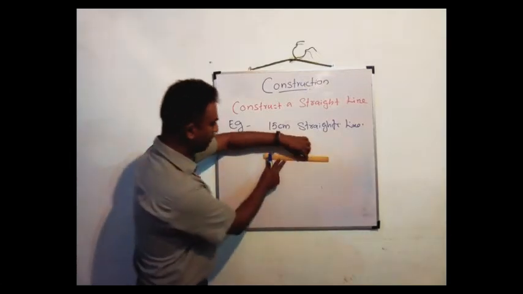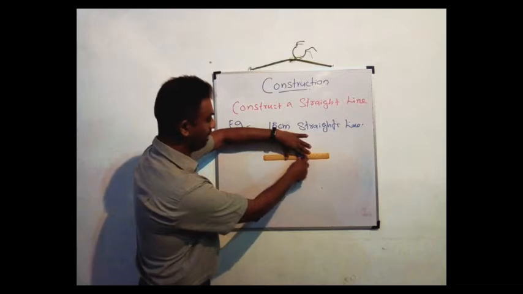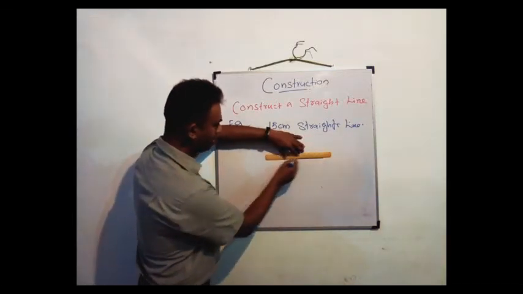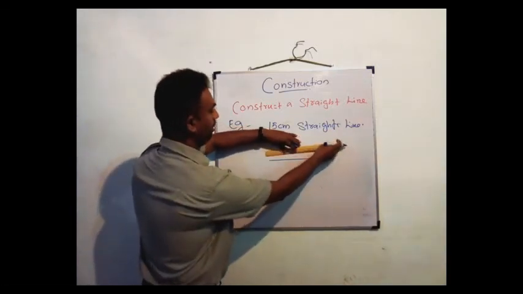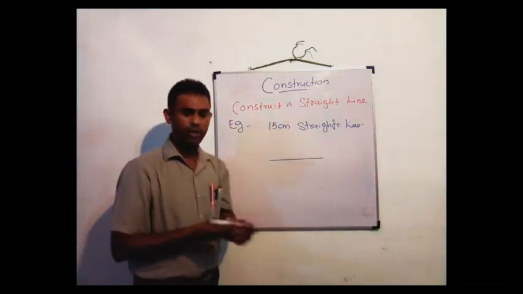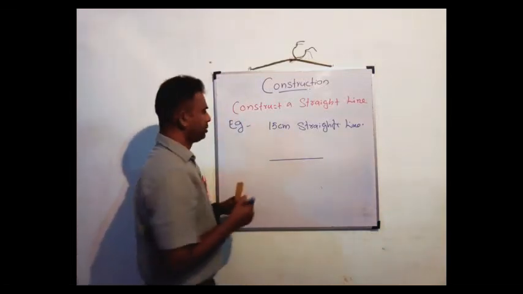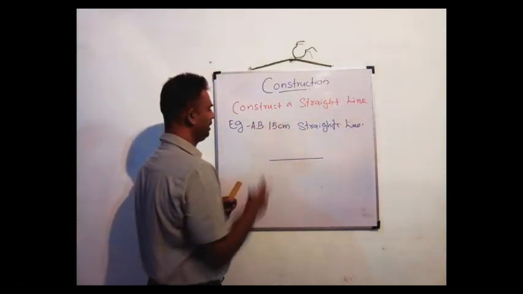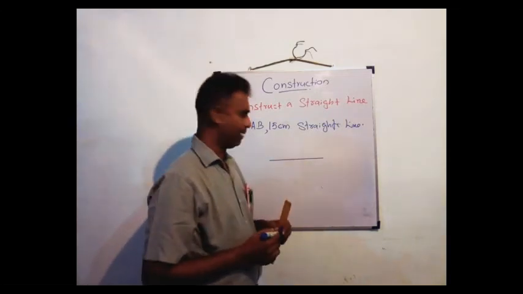See here. Firstly, we draw the straight line without measurement, like this. After that, we mark the measurement: straight line AB, a 15 centimeters straight line.